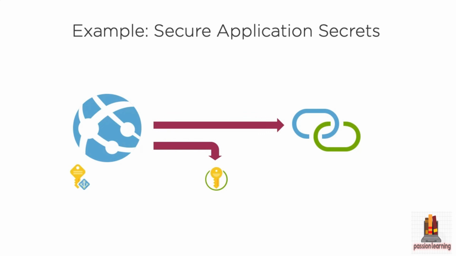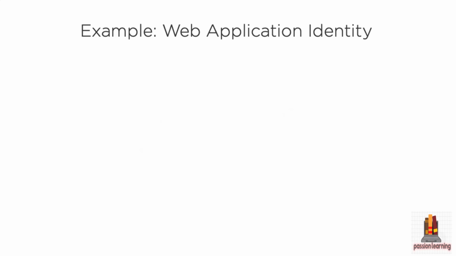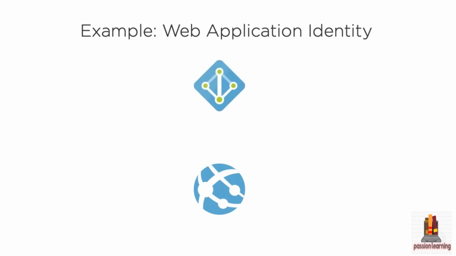Another example might be web application identity, or how are you going to authenticate your users for your web application? You have an app service deployed out into Azure, and of course you have Azure Active Directory as part of your Azure subscription, but you want to authenticate users from your enterprise.